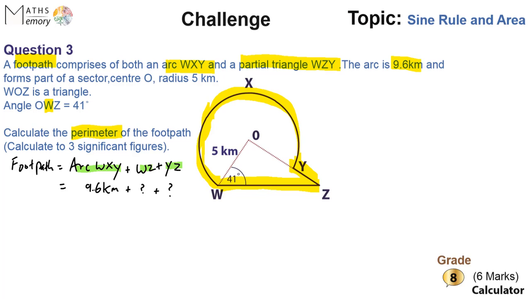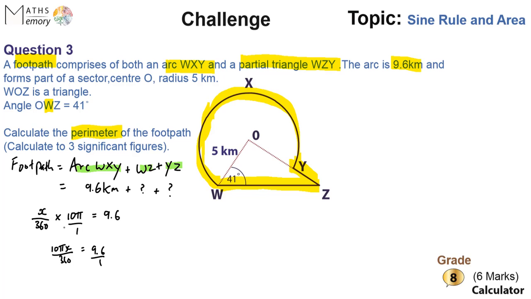To have figured out 9.6, we would have had to have done, backwards, x over 360 times pi d. Pi d is simply going to be 10 pi over here, and that would equal 9.6 kilometers, so 9.6 over 1. Imagine a 1 under every number. When you multiply two fractions, top times top and bottom times bottom, we can represent this as 10 pi x over 360 equals 9.6.